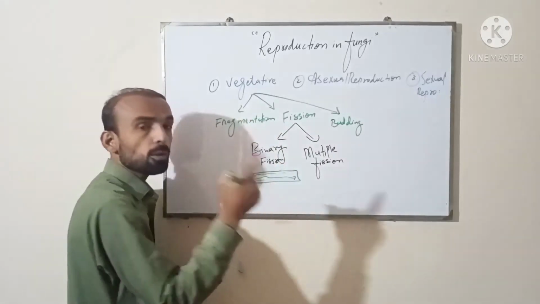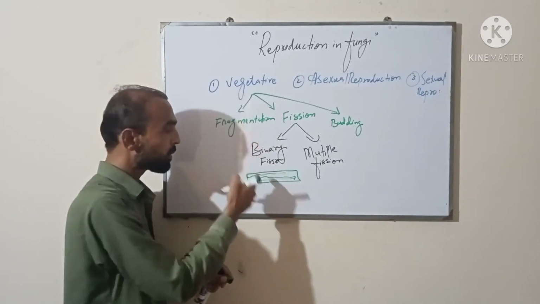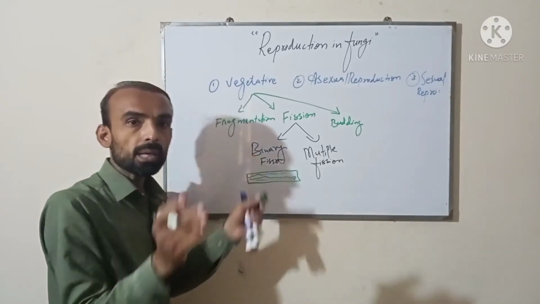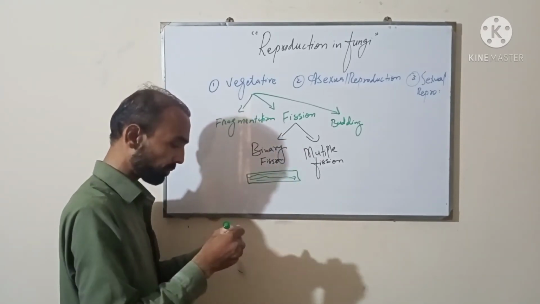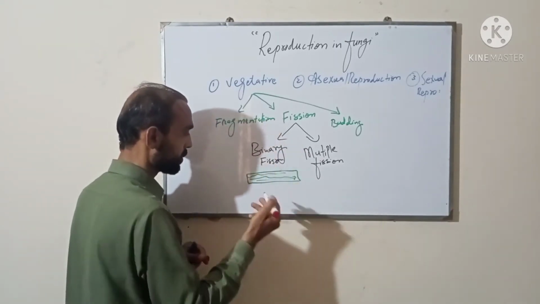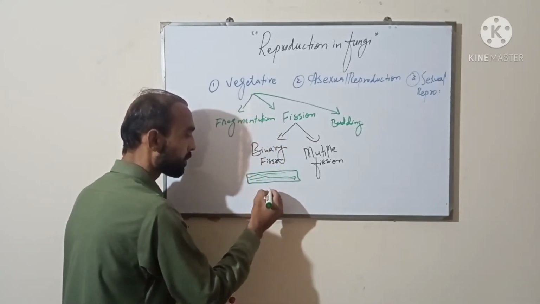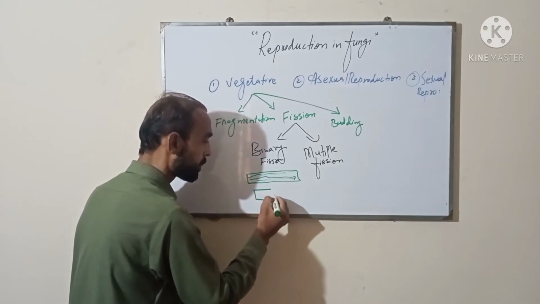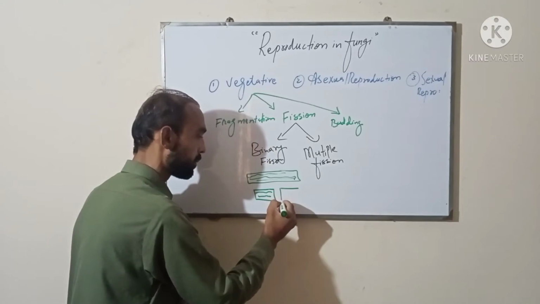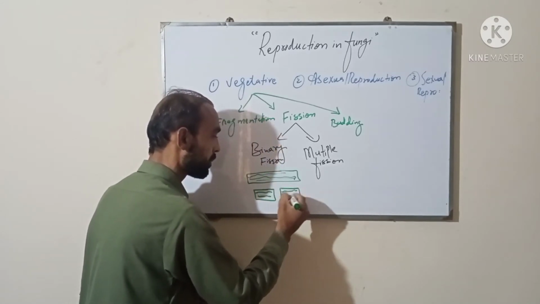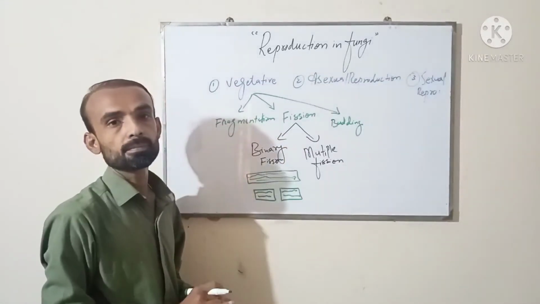Now it is divided into two completely equal parts. In binary fission, the fungus is completely divided into two equal parts like this. This type of fission is known as binary fission.